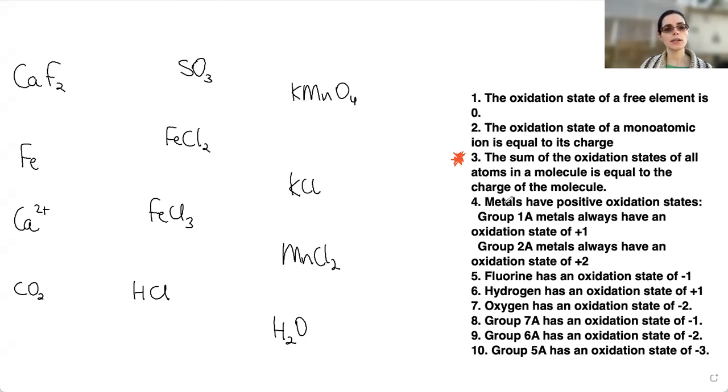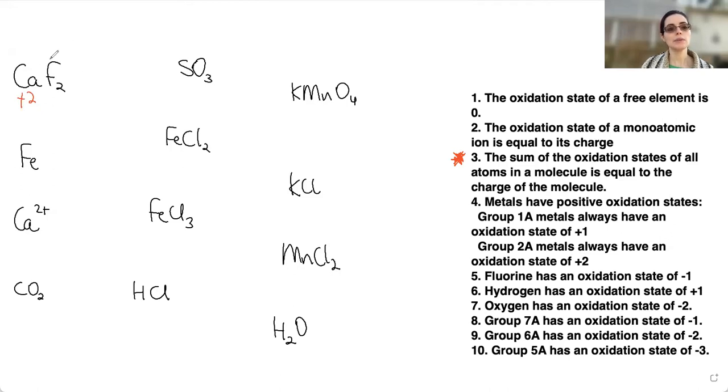Do we have a 1A metal? No. And then the next one, group 2A metals always have an oxidation state of +2. Well, that sounds right because calcium is a group 2A metal. So I will assign +2 to calcium.